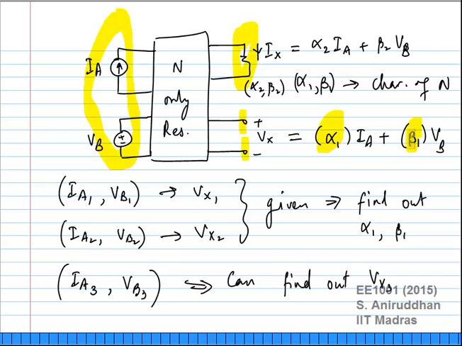That will still give you a unique solution, right? But if I gave you 1 ampere, 2 volts gives you 1 volt here, 2 amperes, 4 volts gives you 2 volts here, that is not a unique set of values. And that is what I mean when I say unique or independent in this particular case.